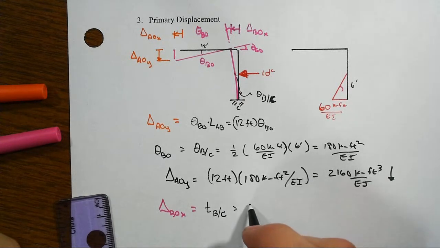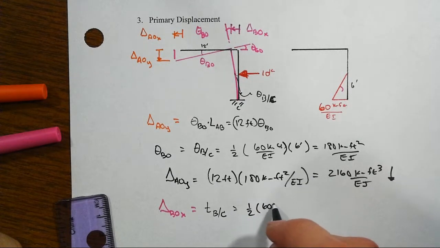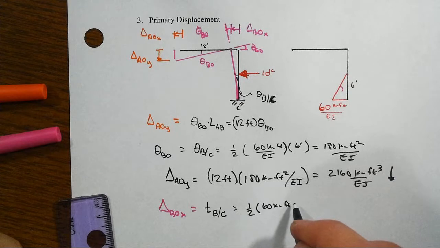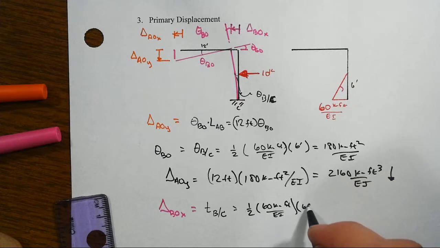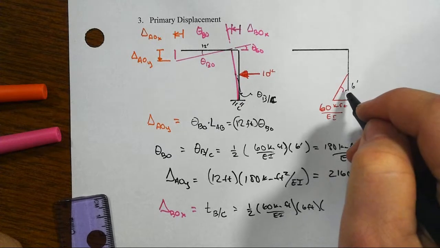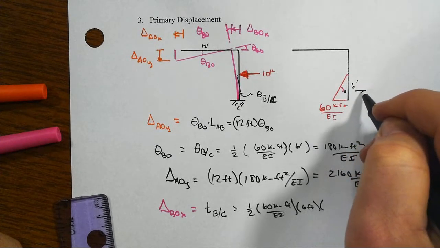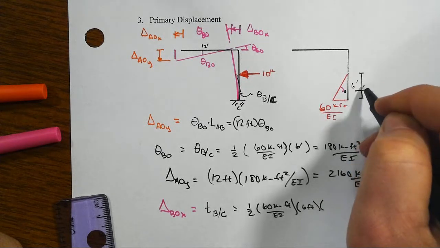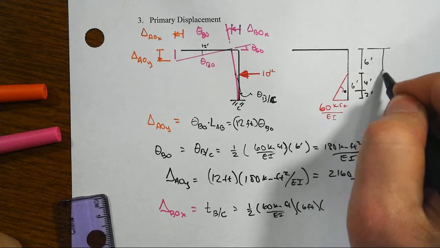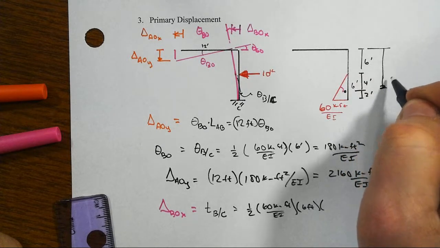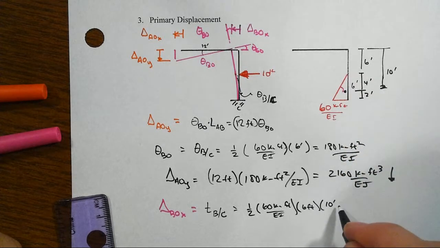So that's equal to, once again, that area, 1/2 of the 60 kip foot over EI times the height, 6 feet, that's the area, times the moment arm, and that moment arm is 2 foot off the base, 4 foot there, and then 6 foot up to there. So the moment arm that I really want is that 10 foot.